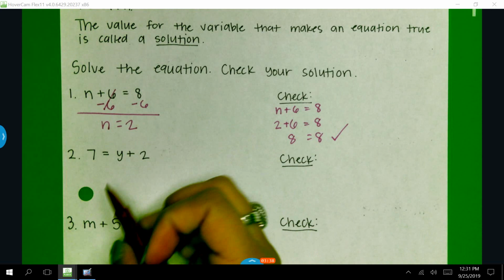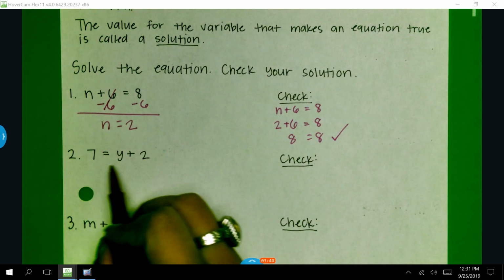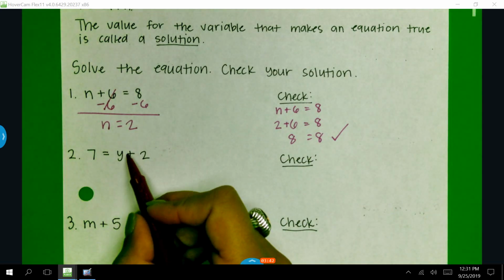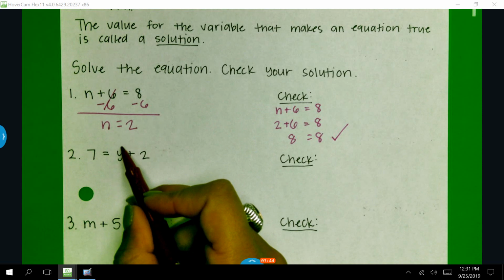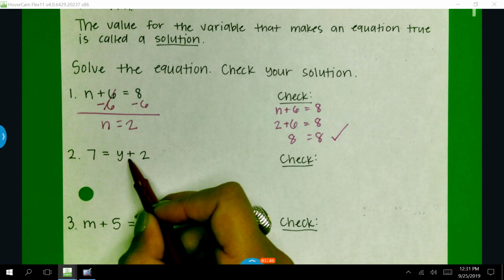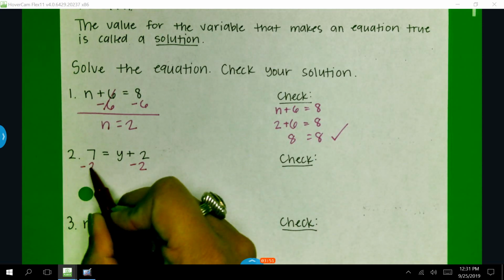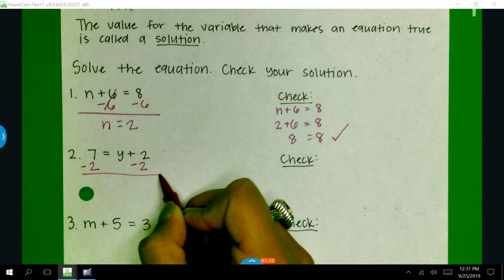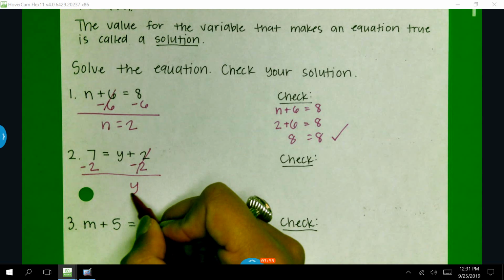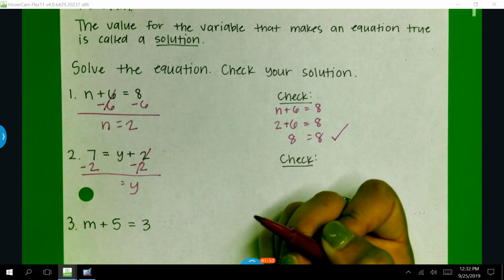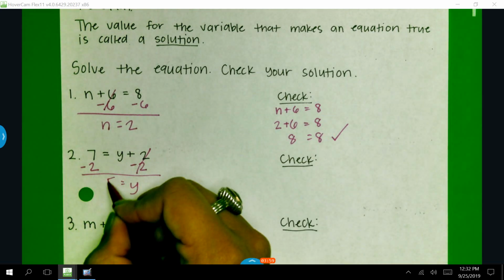All right, number 2, I've got 7 equals y plus 2. If I'm solving for y, how do I get y by itself? Take away 2 from both sides. So that leaves me with a y on the right and what on the left? 5.